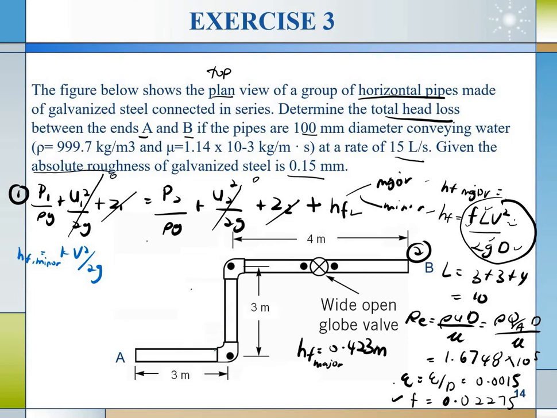Let's look at here. We have 1, 2, 90-degree bends and 1 globe valve.